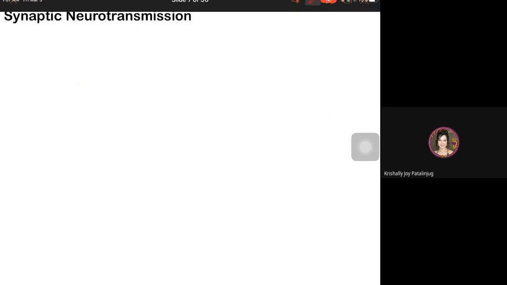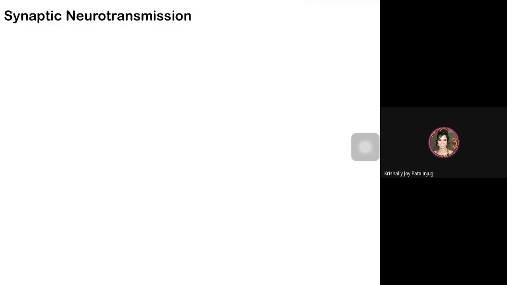When we say synaptic neurotransmission, this is defined as the mechanism of impulse transmission across the synapse. I repeat, when we talk of synaptic neurotransmission, this explains the mechanism of impulse transmission across the so-called synapse.